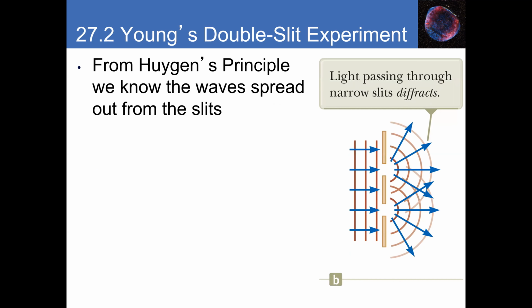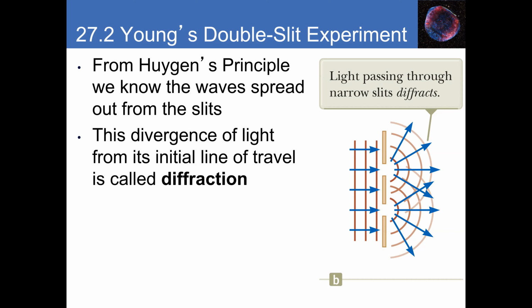But if we make those openings very small, then the light will spread out from those slits when it comes out to the other side. We call it diffraction. Diffraction is that effect when the light is spreading out on the other side of the opening. This divergence of light from its initial line of travel is called diffraction.